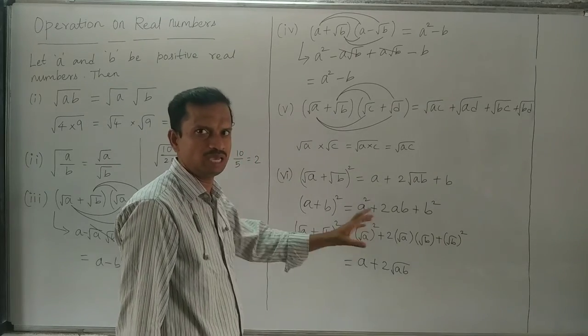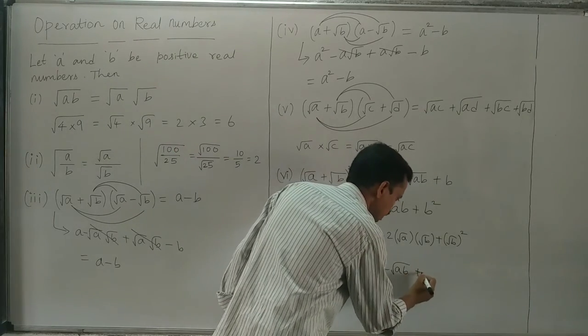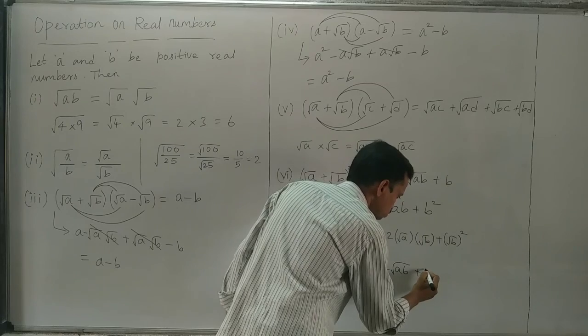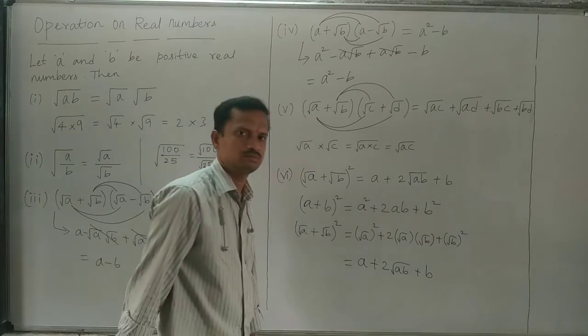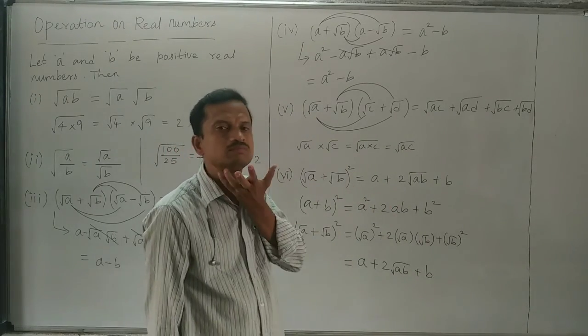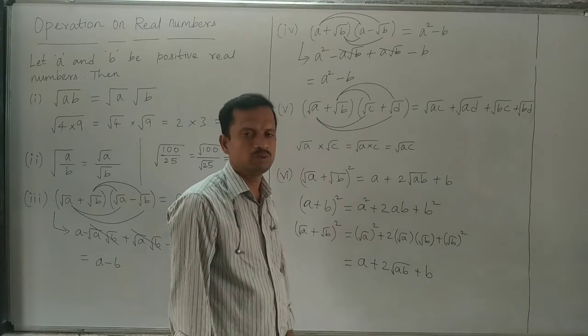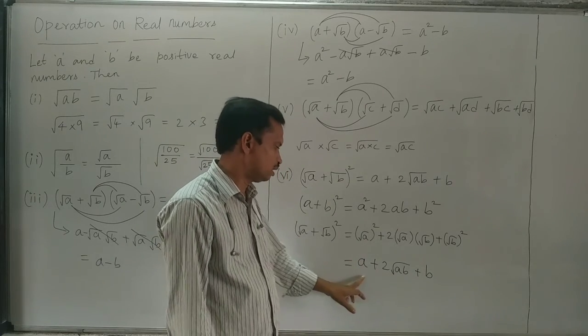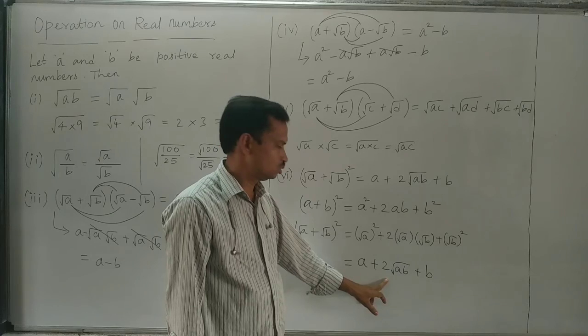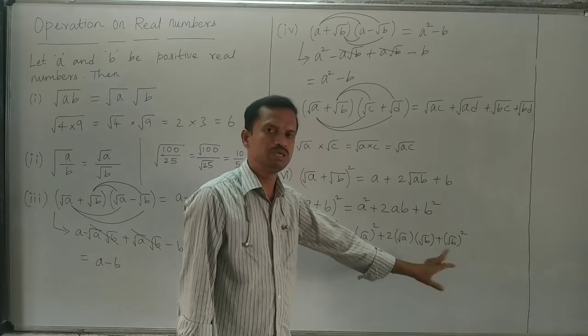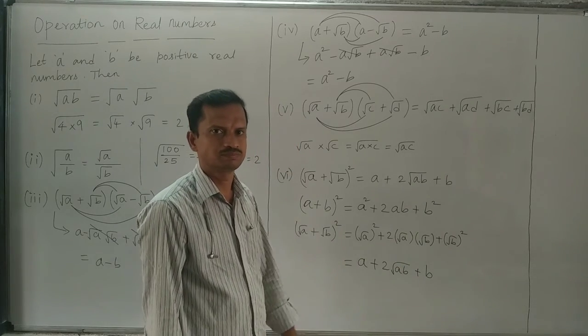And plus root b whole square means b, the square root of the whole square, so you get the same number inside the root, that is b. So like that, a plus 2 into root ab plus b. Okay children.